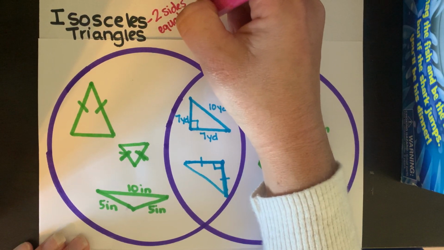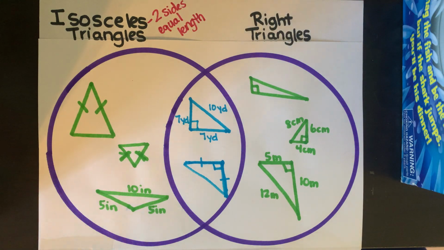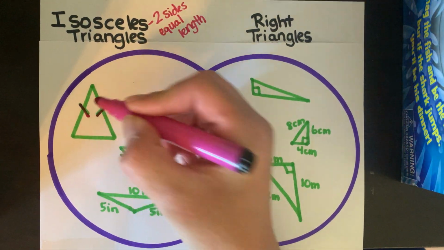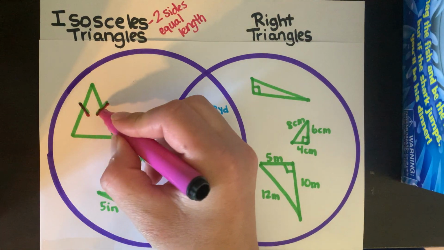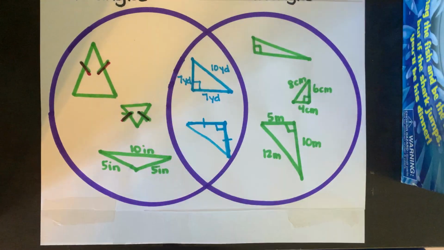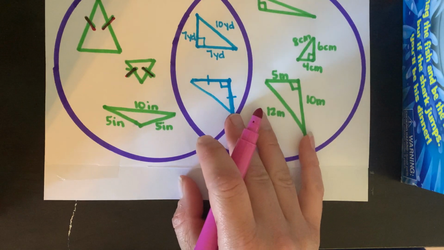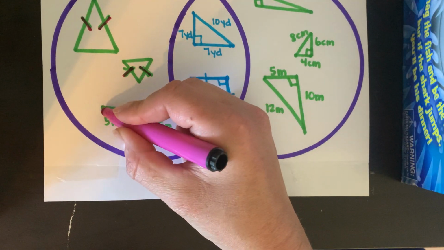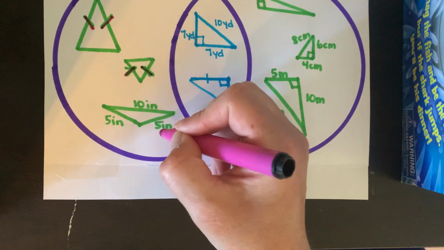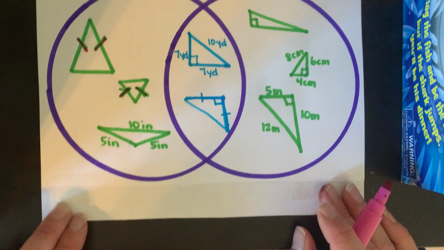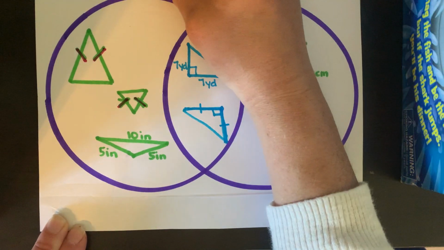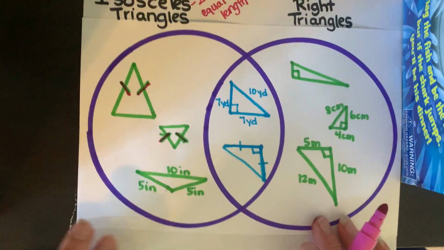And if I look closely at the triangles that were included here, I can see this triangle has two sides that are equal. Remember, these dashes let us know they're equal. Then down here I have these two sides which are equal in length. And then in this triangle down here, I have a 5-inch side, a 5-inch side, and a 10-inch side. So these also have two sides that are equal length. So all three of these are classified as isosceles triangles.